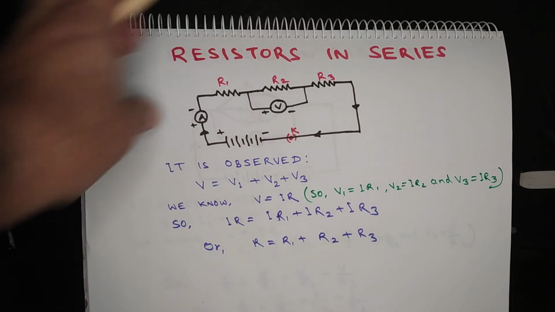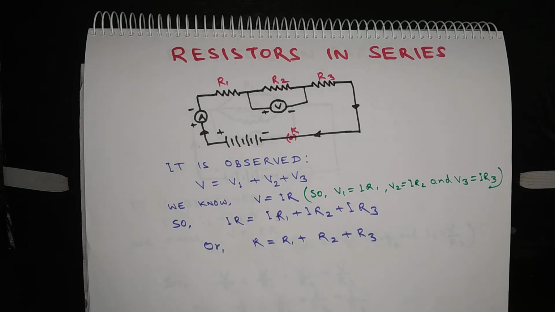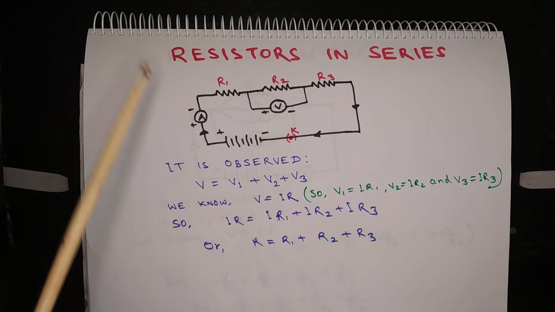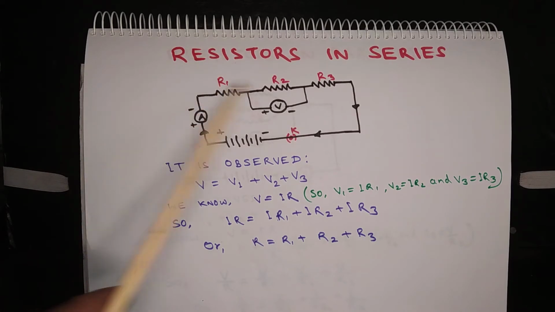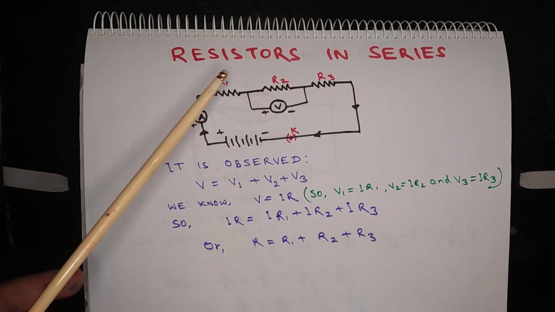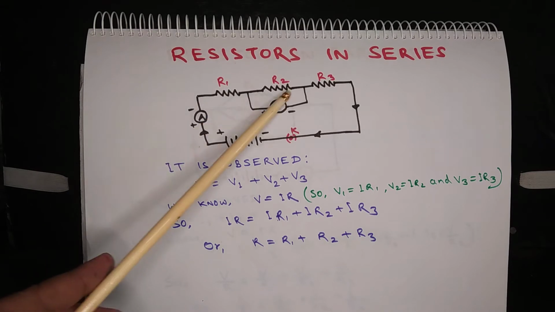Now you need to understand the combination of resistors. Resistors can be combined in two ways. One method is called the series combination, and another is called the parallel combination. In case of series combination, resistors are connected end to end. Say, for example, these are three resistors.